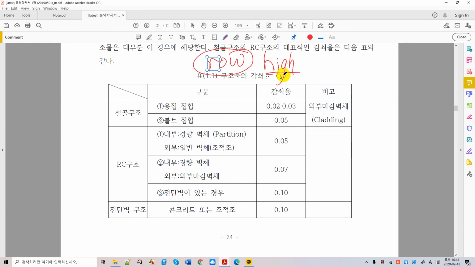High-rise buildings, damping is very small, okay? Regardless of material, which means that it doesn't matter whether you have a steel building or a concrete building. The high-rise building damping is about 1% to maybe 1.5% damping.